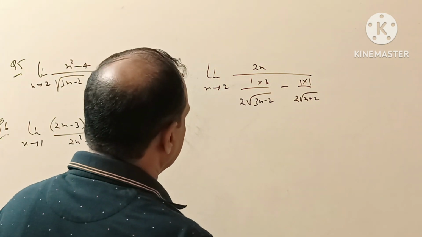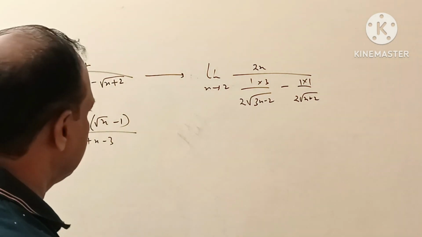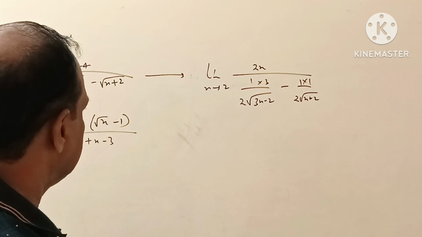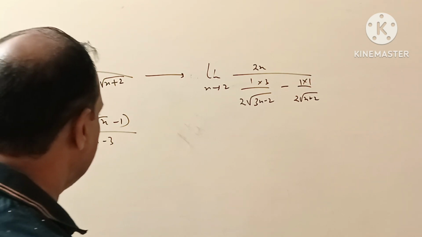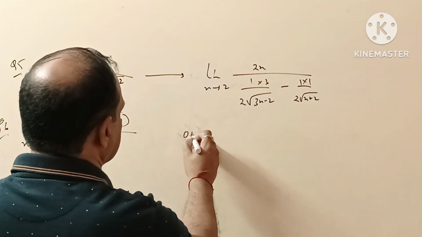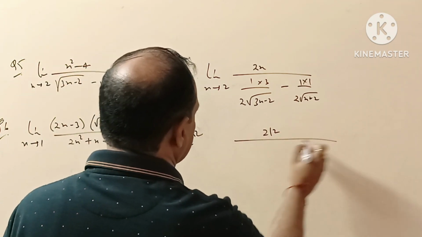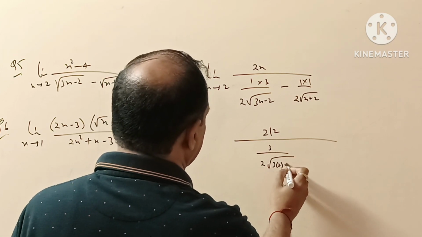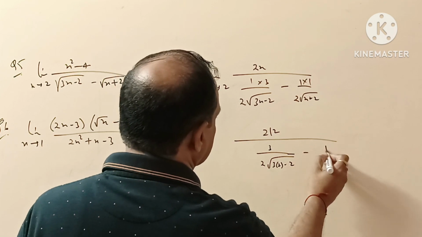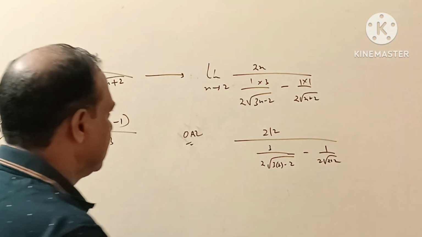Now what else can we do here? Is there any suitable reason that we can apply the limits? We can try applying the limits. On applying the limits, I will have 2 times 2 in the numerator. In the denominator, this is 3 over 2 under root 3 times 2 minus 2, minus 1 over 2 under root 2 plus 2.